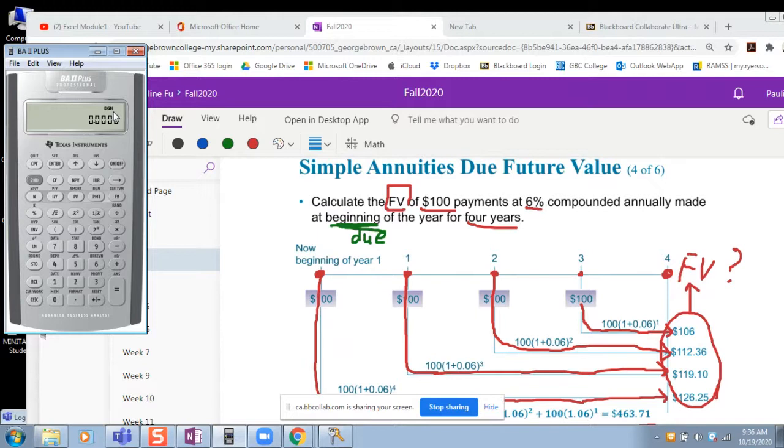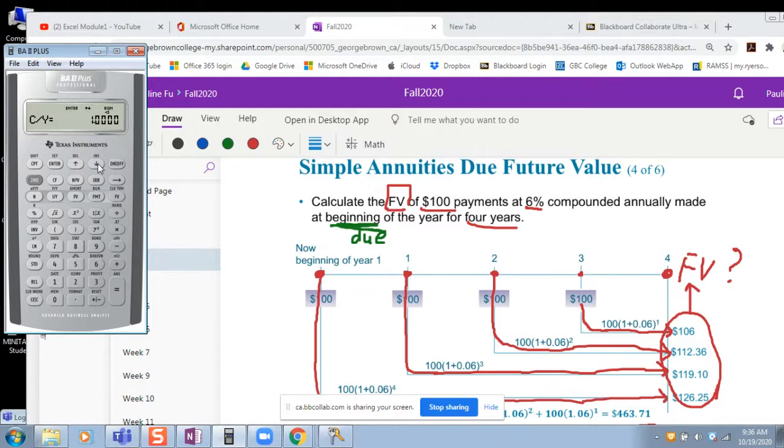Okay, and you set up P/Y. So second P/Y equal to 1 because it is paid every year. Enter. Down arrow, C/Y is also equal to 1 because interest is compounded annually.